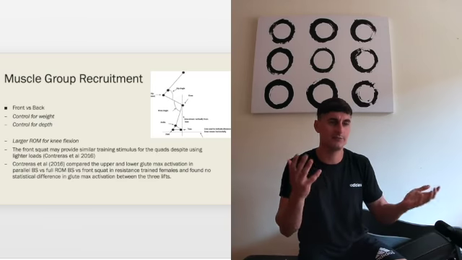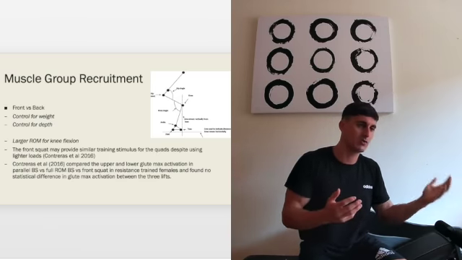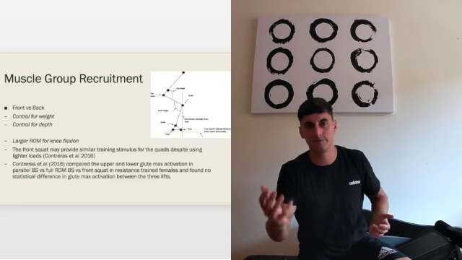The weight, you have to be like, okay, they can squat more in back squat than front squat. So do we weight them more? And now, of course, they're going to have more muscle activation in the glutes if the weight is heavier, right? And then also you have to take into account the thing I said previously, which is the idea of depth, squat depth.